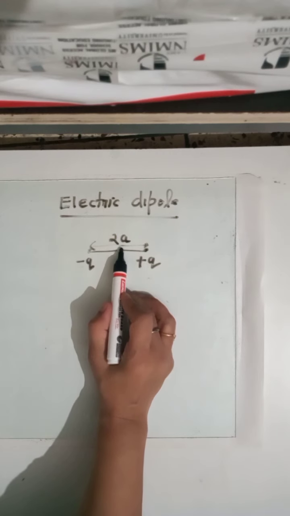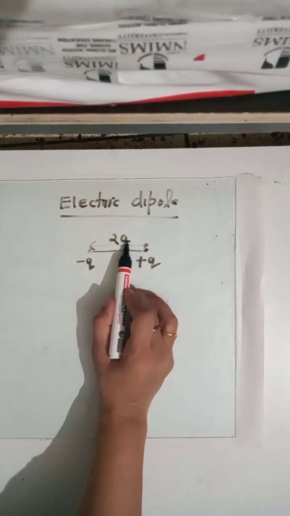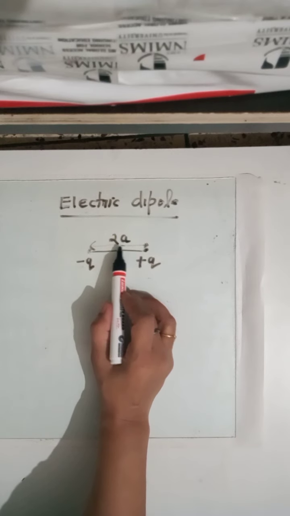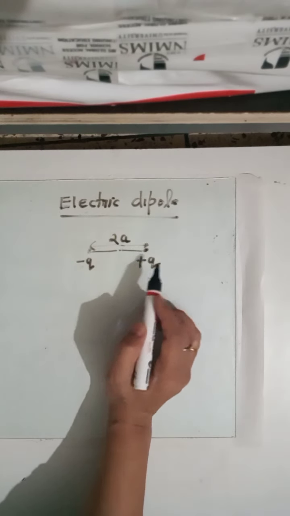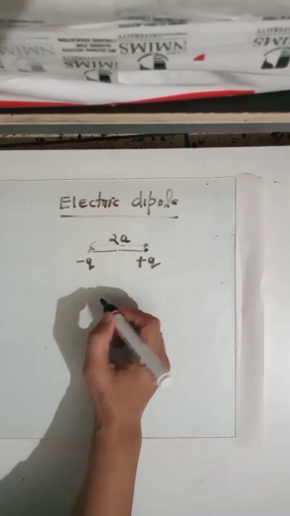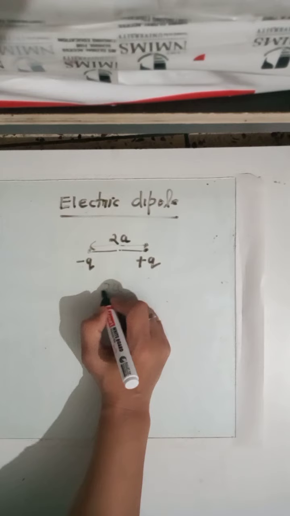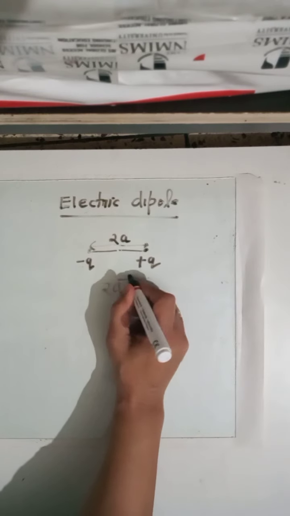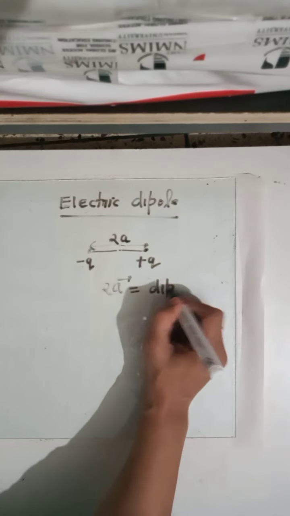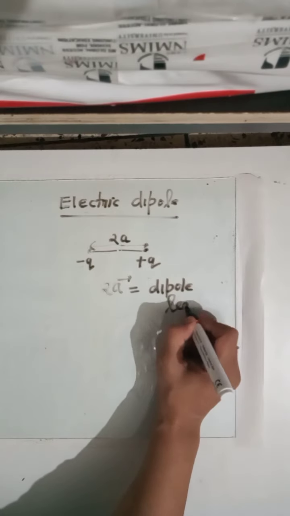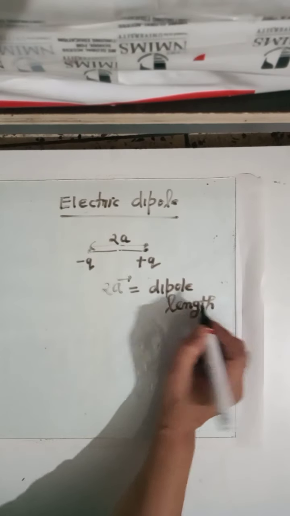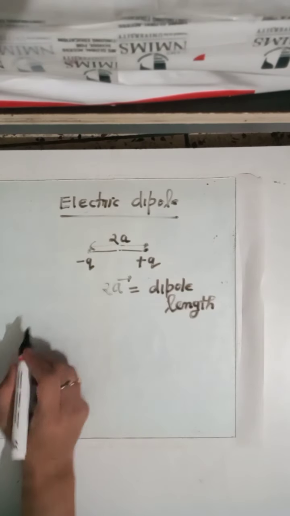So to simplify the calculations, we have taken the length 2a so that its half becomes equal to a. 2a is known as the dipole length, and it is a vector quantity. Its direction is from minus q to plus q.